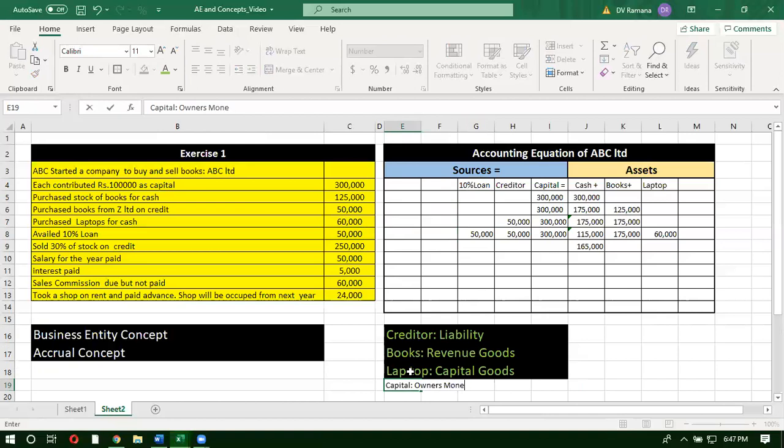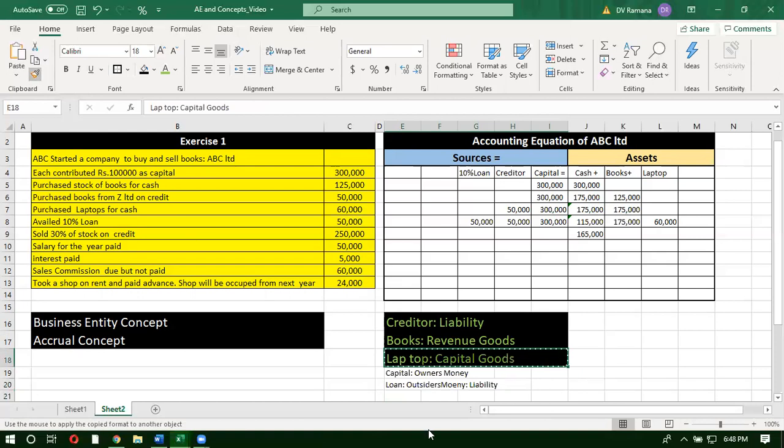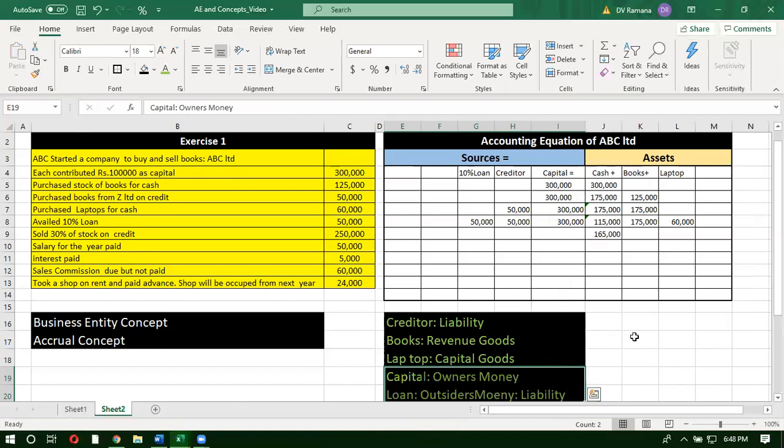Capital is money contributed by the owner, whereas the loan is a liability, outsiders' money. Therefore, when we'll understand the complete accounting equation, we are not only converting the business decisions into the accounting equation, but we are also examining and understanding certain important vocabulary which will become the foundation for the rest of the conversation.